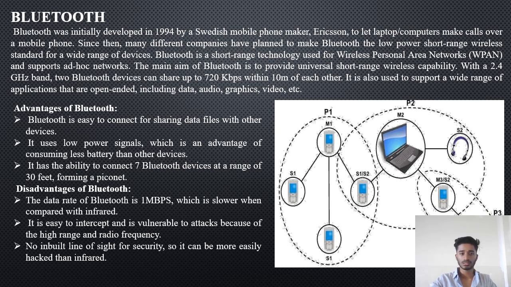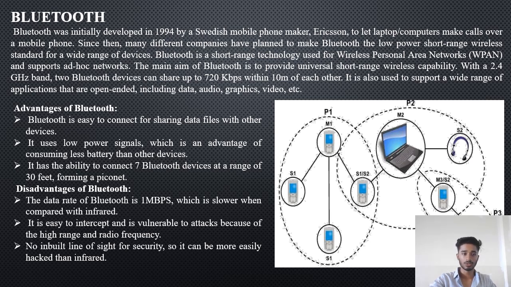Bluetooth is a short range technology used for personal area networks and supports ad hoc networks. The main aim of Bluetooth is to provide universal short-range wireless capability with a 2.4 gigahertz band. Two Bluetooth devices can share up to 720 kbps within 10 meters of each other.